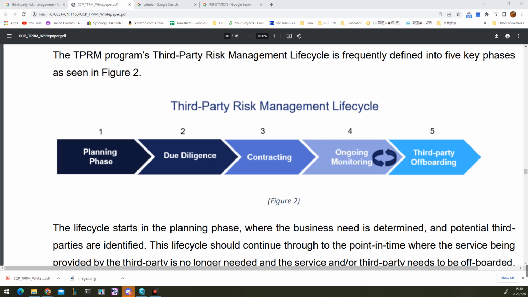Third-party risk segmentation should influence the ongoing monitoring need for the specified third party. So even if we have a signed contract, we need to continue monitoring the risk from the third party.